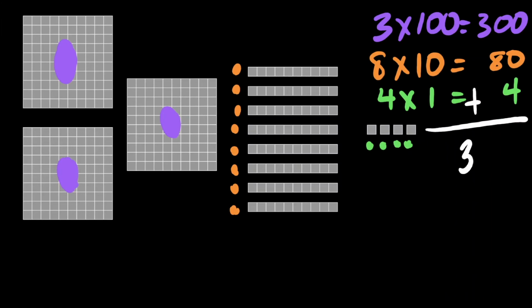That means we're going to have the digit 3 in the hundreds place. Since we have 8 tens, we're going to have the digit 8 in the tens position. And then for the ones, we have 4 ones, so we'll have a 4 in the ones position. So our final number would be 384.